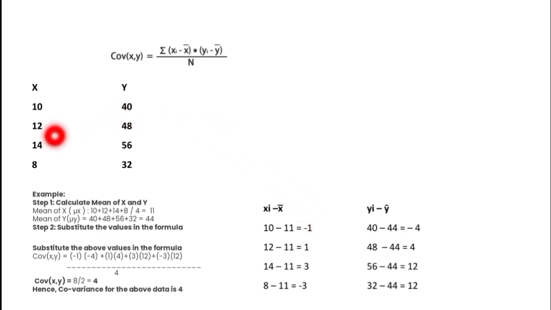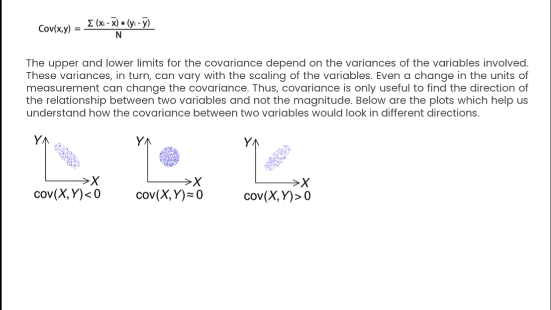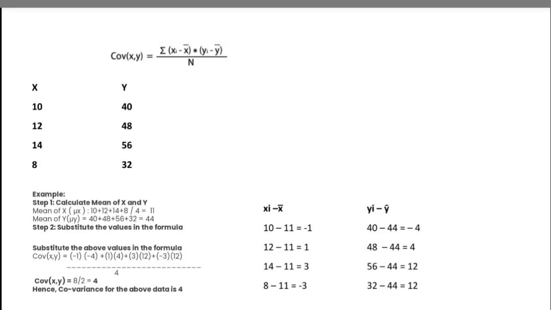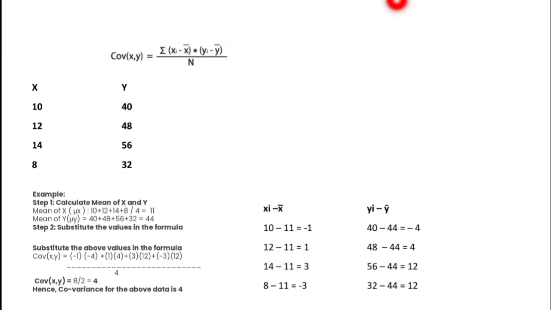I will repeat the same process for the remaining values of x: 12 minus 11 is 1, 14 minus 11 is 3, 8 minus 11 is minus 3. Getting my point, guys? Very simple, you can see. In the same way I will repeat the same process for yi minus y bar.